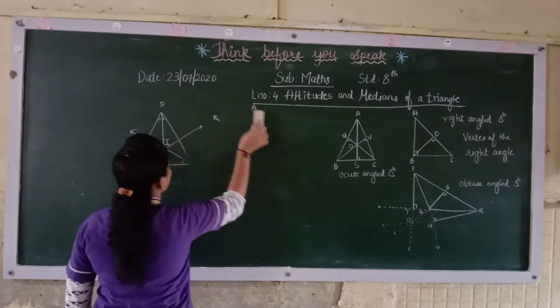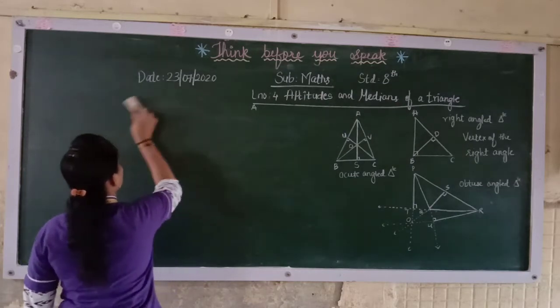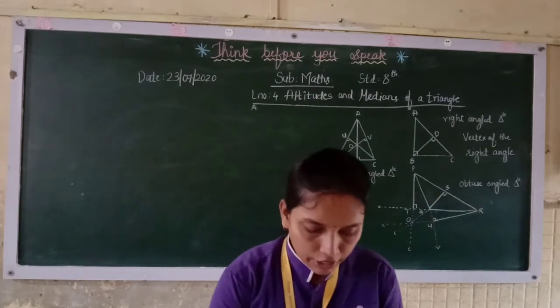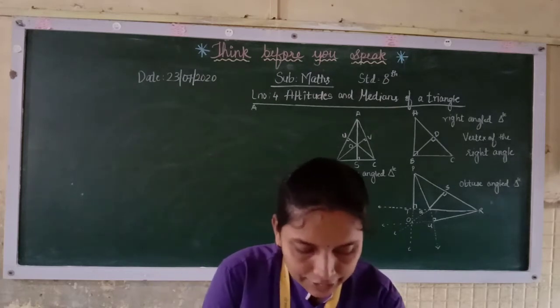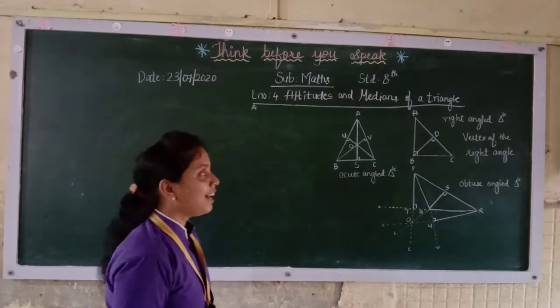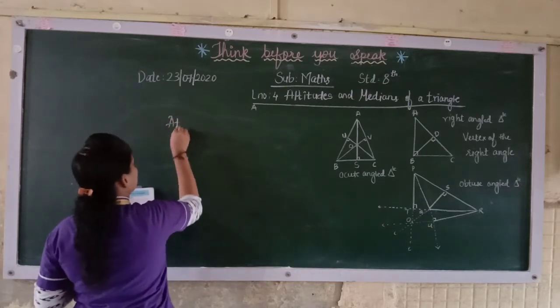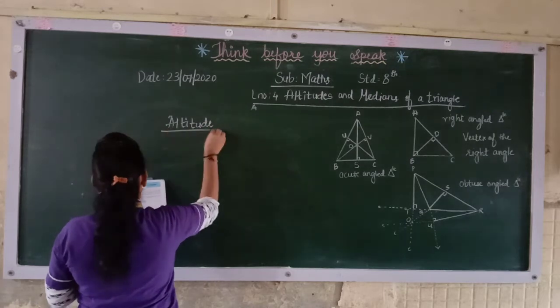Now further, we are going to see the altitudes. The altitude means the height that we draw. We will see the definition.